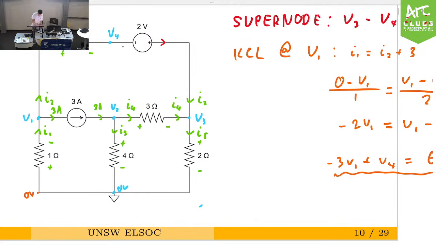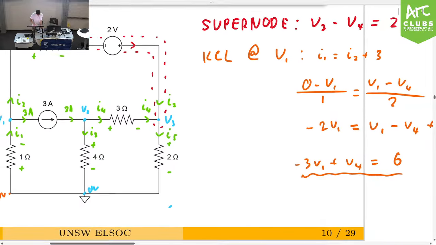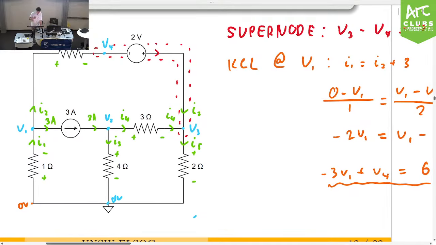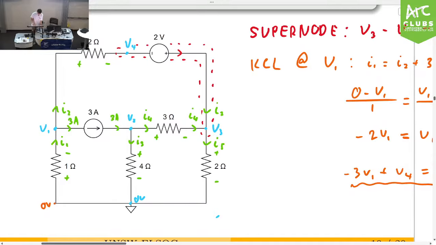Since we have a supernode over here, we can combine the 2 nodes, V3 and V4 together, and that gives us our supernode. Now, we apply KCL to the supernode, but we just treat the 2 nodes as one single node, okay?